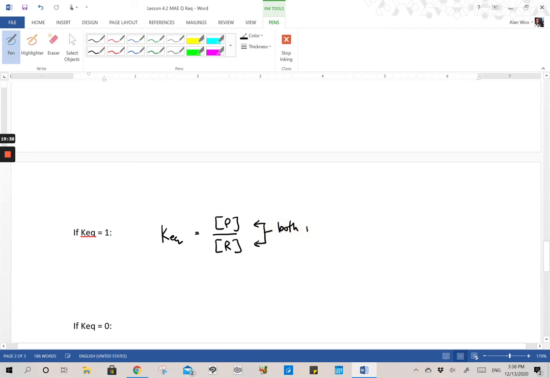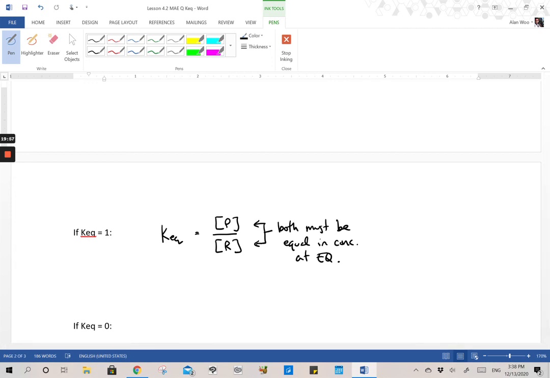So both must be equal in concentration at equilibrium, or when equilibrium is reached. So you have the same amount of both.